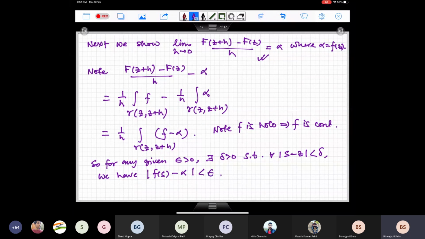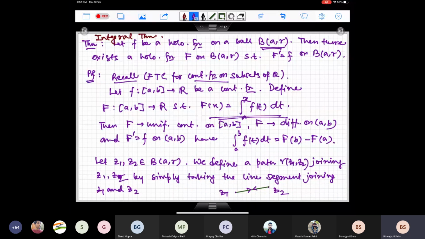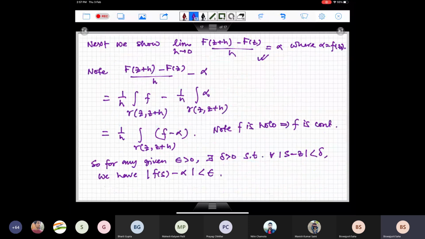So whenever the distance between s and z is less than delta, the distance between f of s and f of z is less than epsilon. So that's from continuity. This is true in a delta ball around z, so this estimate is valid in a delta ball around z.